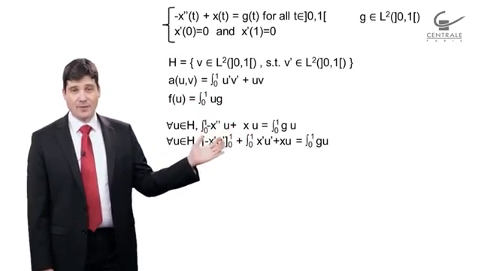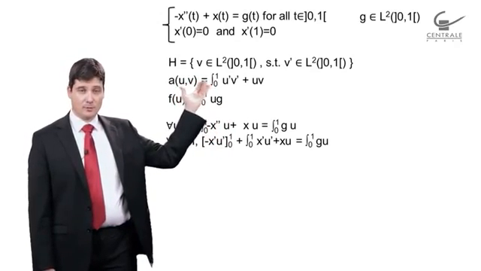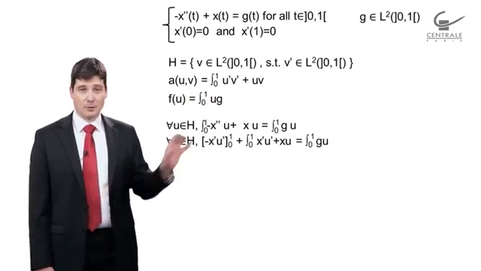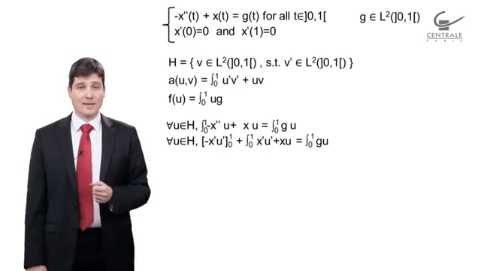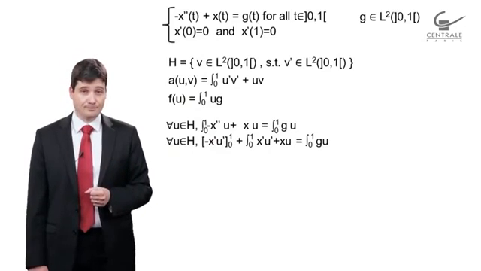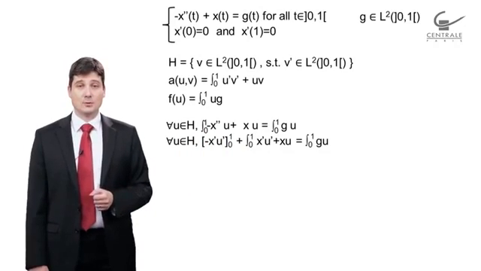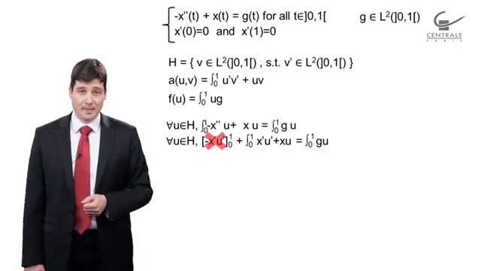Then the integral on the left-hand side, when I integrate by parts, provides this term and the second term, which is the integral between 0 and 1 of x prime u prime plus xu. And this is equal to the right-hand side, which is unchanged, the integral between 0 and 1 of gu, which should probably be called f of u at some point.